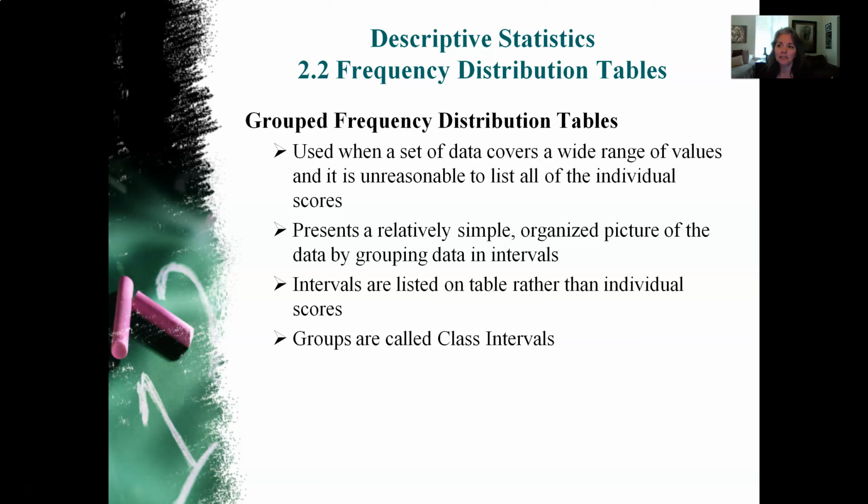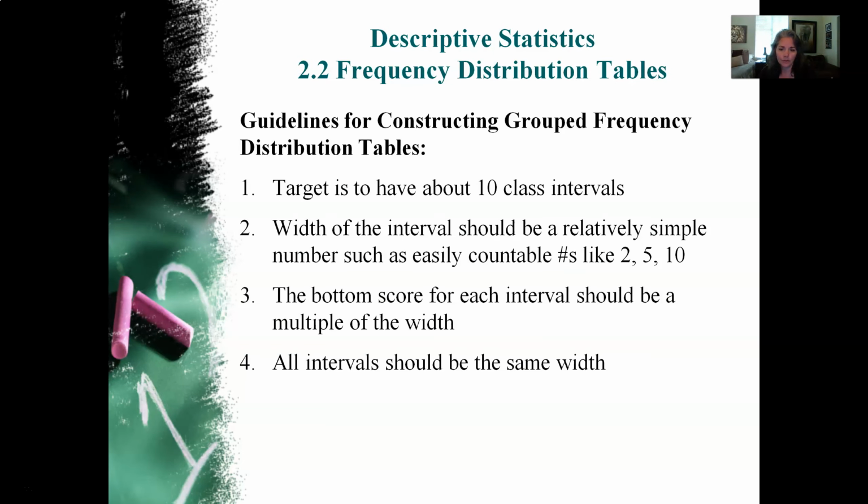Maybe I'm going to say everybody in the 90 range, 80 range, 70 range, 60 range, I'm going to group those and create a class interval. That still allows me a quicker way. Now, I lose some data, right? I don't know how many people got a low C as opposed to a high C, but it does make it simpler and easier for me to organize the data in a very clean table. So rather than the individual scores, we focus on intervals.